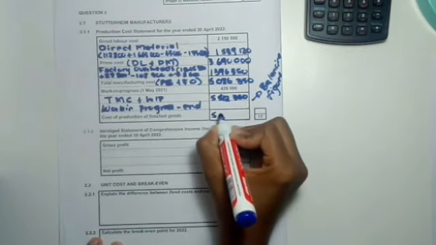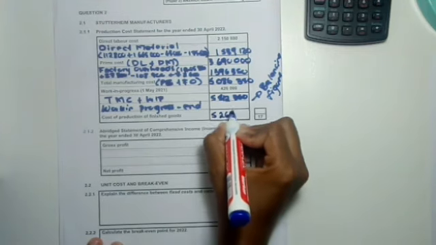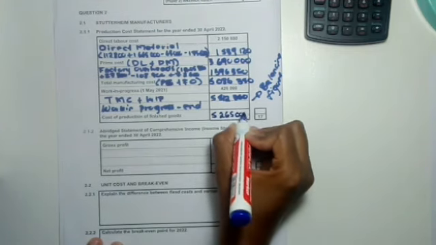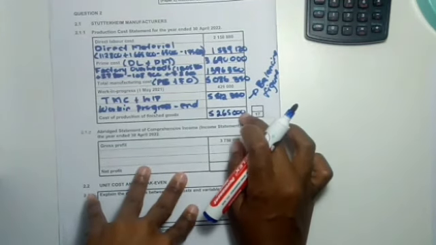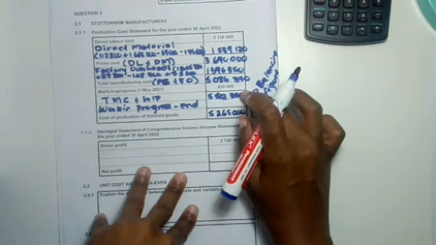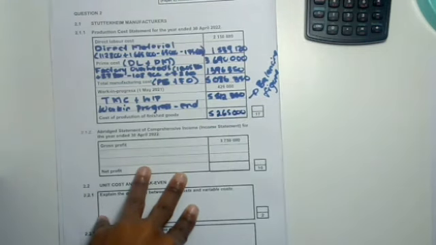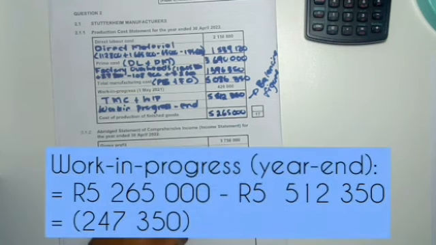We put it in our answer book and then use it to calculate our balancing figure. So if I take this amount and I subtract the amount that I was of this total right here, I will get my balancing figure.